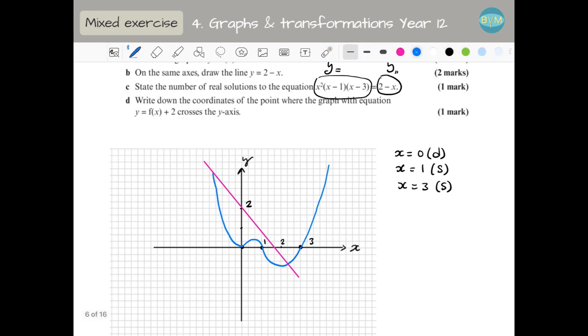And from the graph we can see, if I extend this a bit, that we have 2 points of intersection, A and B. So these should be the real solutions to this equation. The number of real solutions will be 2, because we have 2 points of intersection between those two functions.